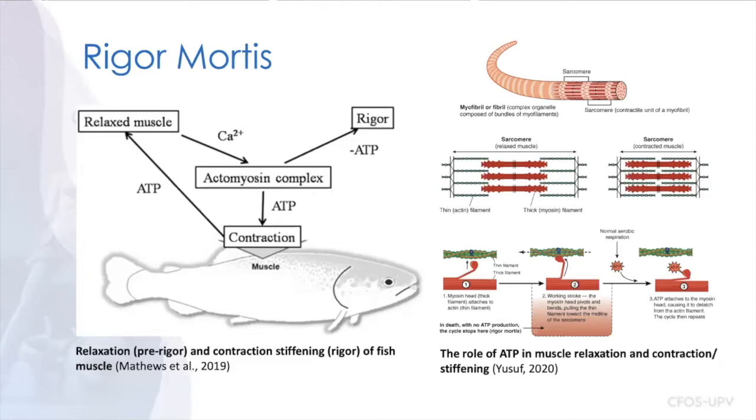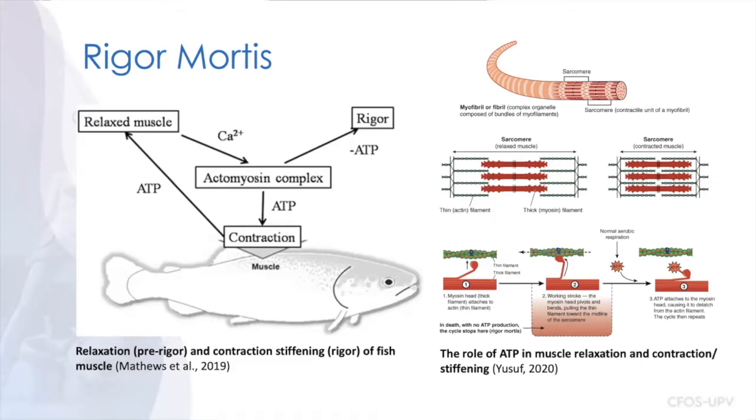And then after some time, the fish muscle will start to contract and stiffen, no? So that state is already called the rigor mortis stage. Okay, so pag nag-stiffen, naninigas, that's the rigor mortis stage. And after some time, depending on the species, the muscle of the fish will go back to a relaxed state.